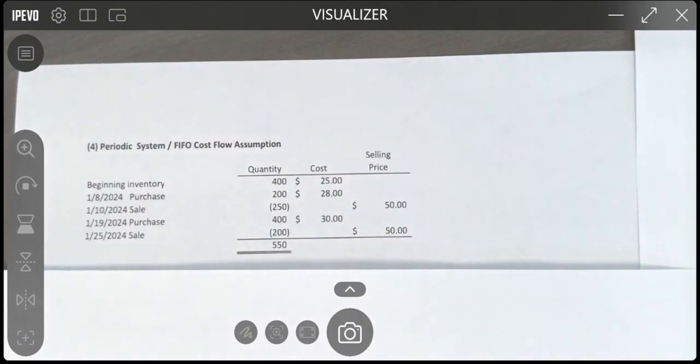Welcome back once again. There's the summary of our inventory transactions, our purchases and our sales during the month.